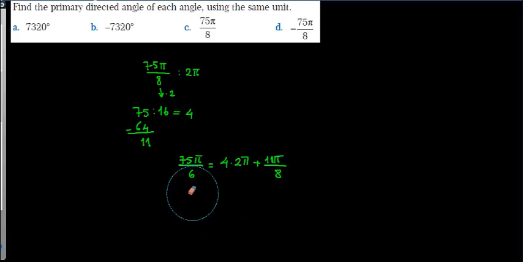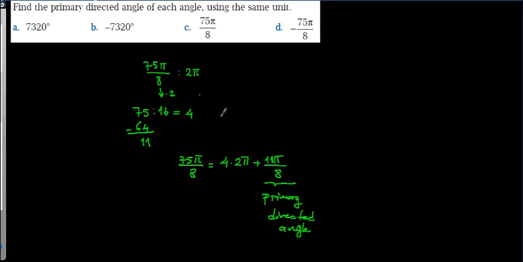75 pi over 8 is equal to 4 times 2 pi. This is the number of rotations, and this is the primary directed angle.